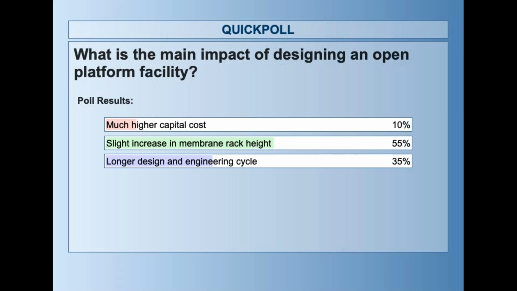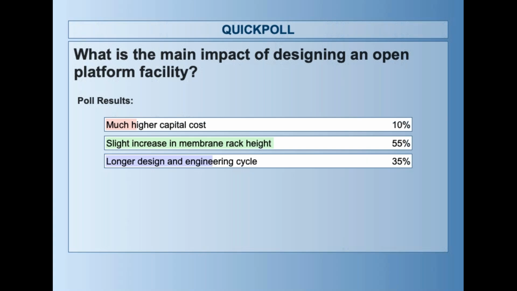Right, so the answer is the slight increase in the rack height. The design and engineering cycle is the same as for suppliers of systems like this. There's no additional engineering to do on this. If somebody wants us to design a rack that is mechanically locked and can accommodate a single module, we can shackle the owner to a single module if he so desires.